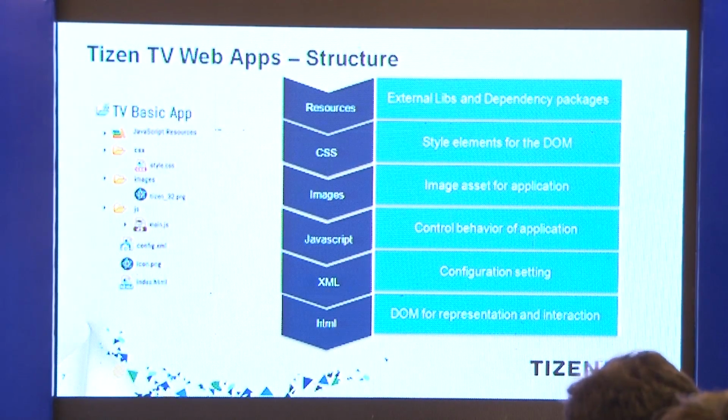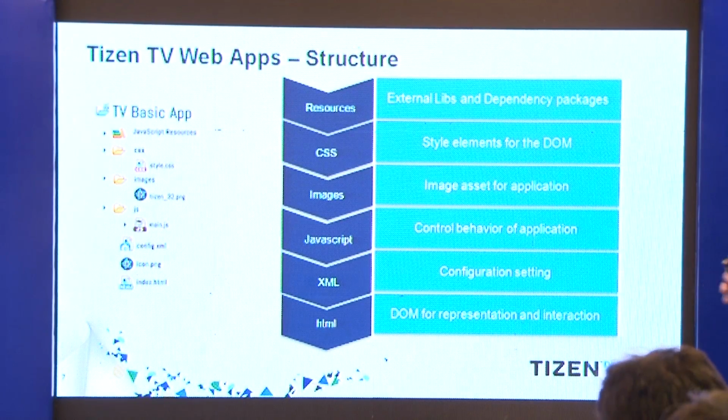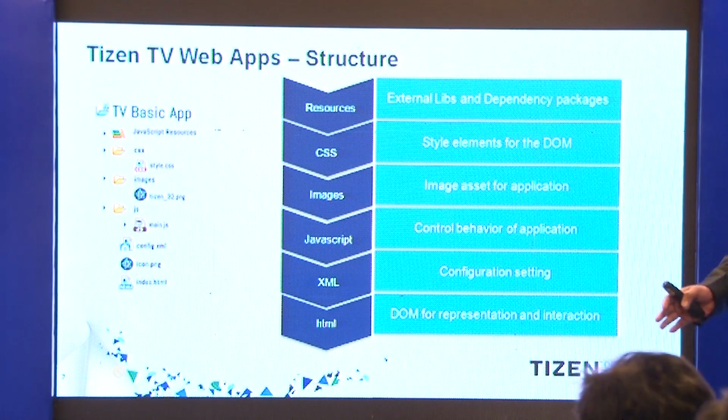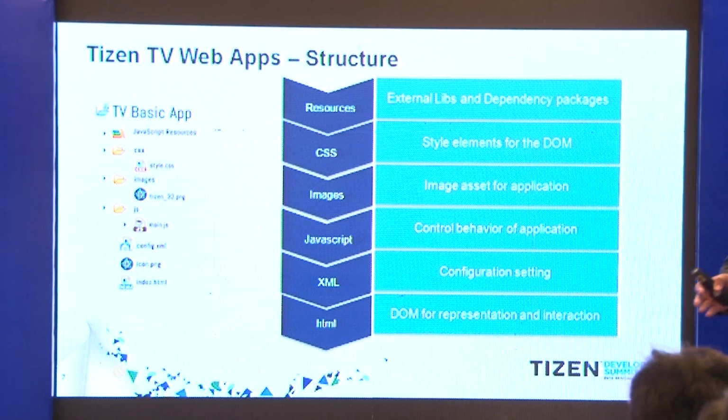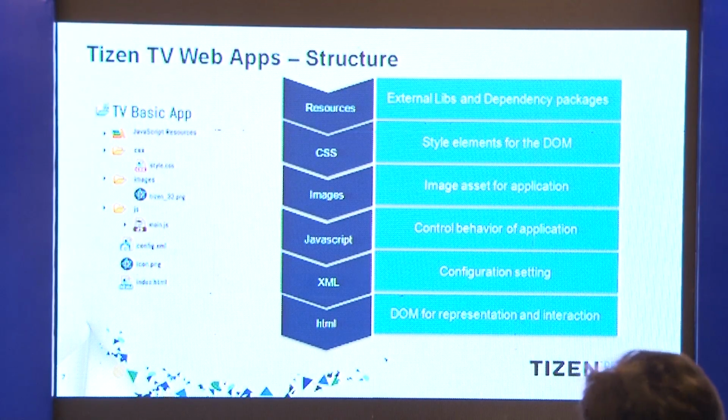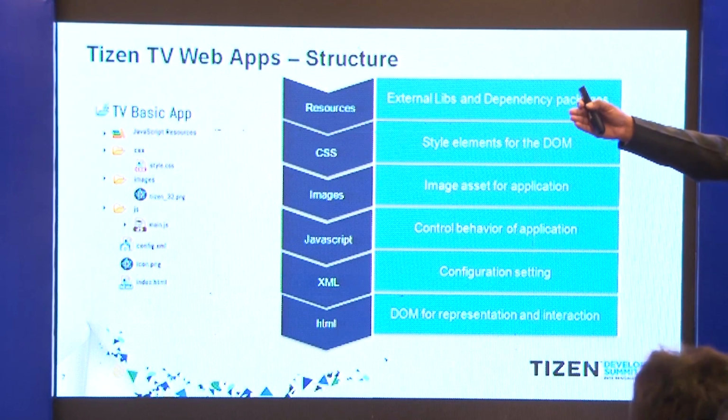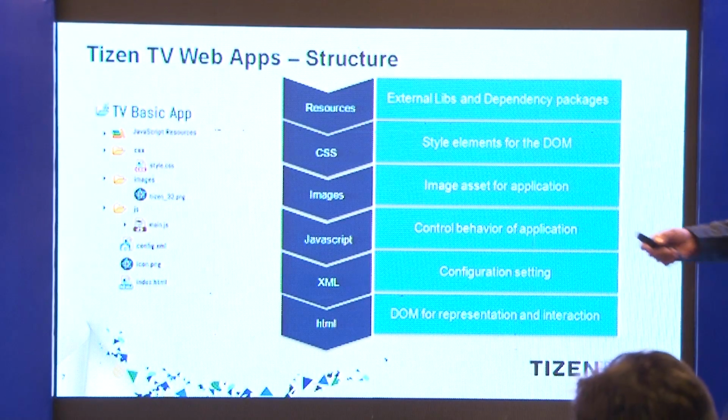Now the differentiation point comes in the XML, that is the config.xml, which incorporates authentication, permissions, multilingual support, and application settings, so that your application can run on TV and can be registered on Tizen Web Store.